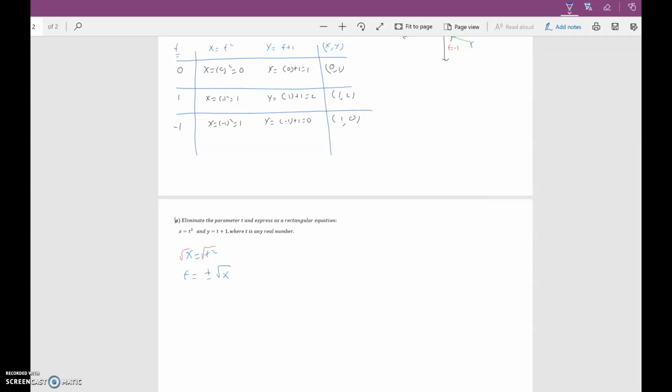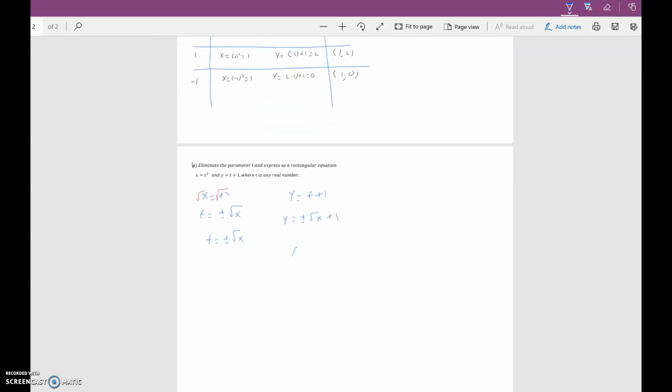And then in this case, t is equal to plus or minus the square root of x. So your y value, which is t plus 1, happens to be y is equal to plus and minus the square root of x, plus 1.